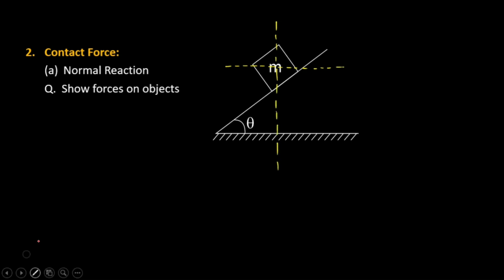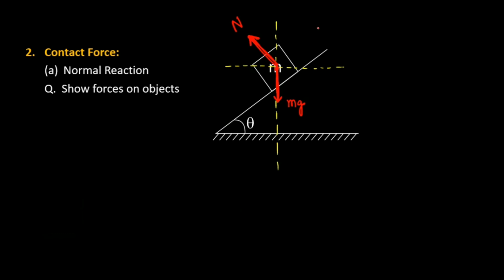We always know that from this mass, weight always acts in the downward direction. So mg must be acting downward like that. But the normal reaction is always acting perpendicular to the surface. So this is going to be normal because it is perpendicular to the surface.